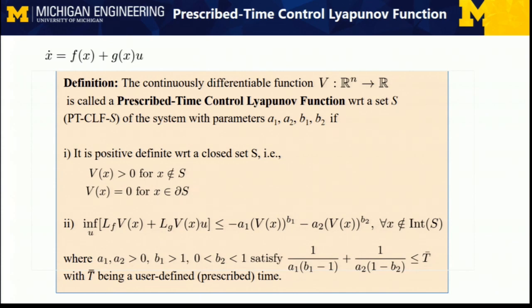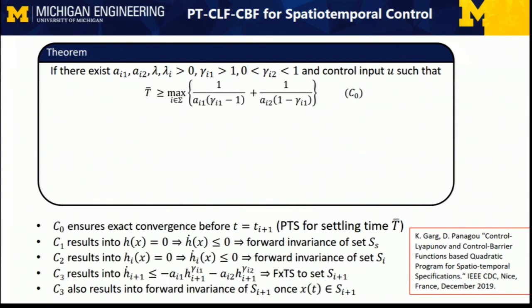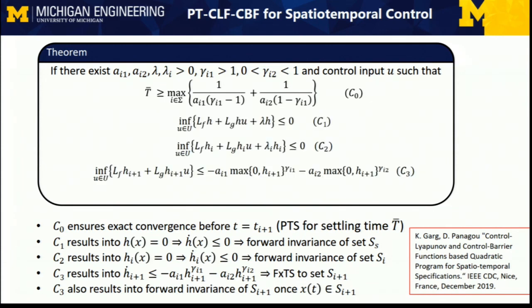So you have encoded this temporal constraint in your Lyapunov function. So what does that mean? That means that if all these things hold at the same time, you have a system and you have temporal specifications, and you have essentially state and time constraints, such that all these conditions hold at the same time.